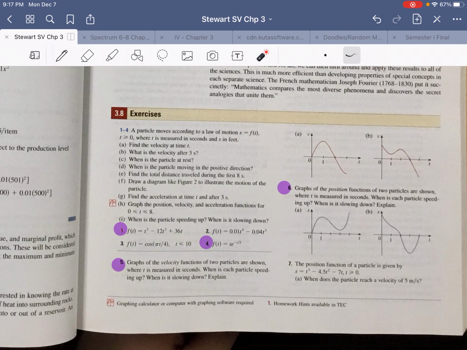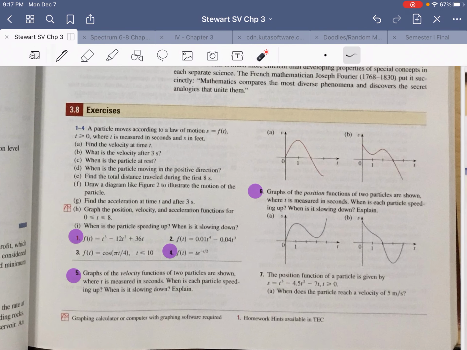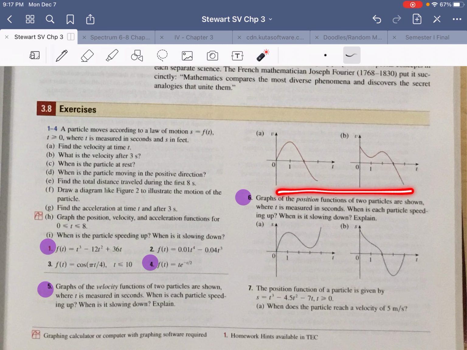There was one other thing that I want to talk about, speeding up or slowing down. Now, this is something that can be made really complicated, but it's not. Basically, these are velocity functions.